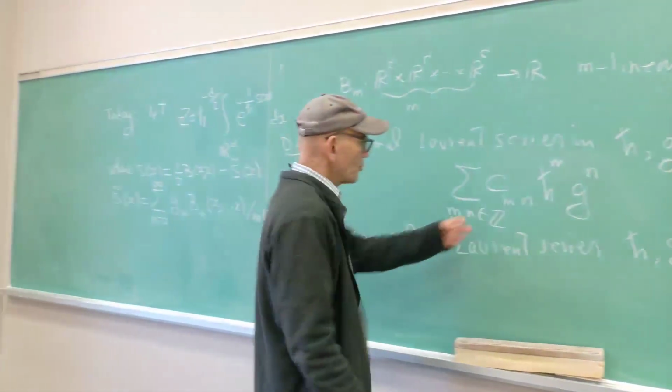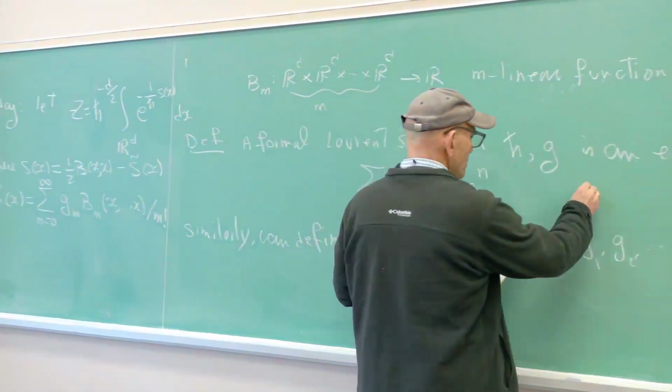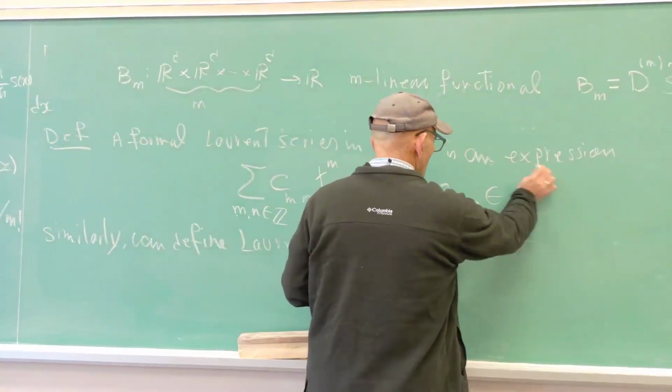The point is that the coefficients c_{mn} belong to the complex numbers, and there are finite quantities for each multi-index belonging to C.